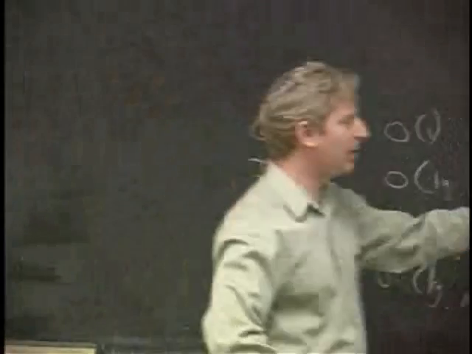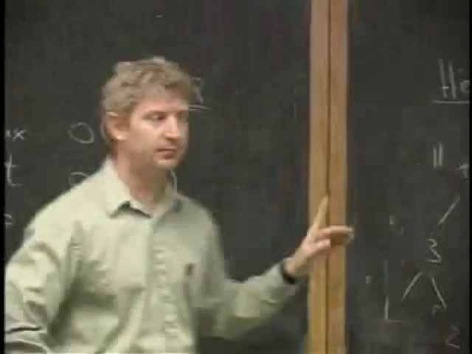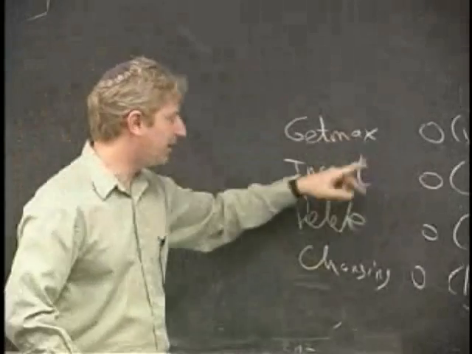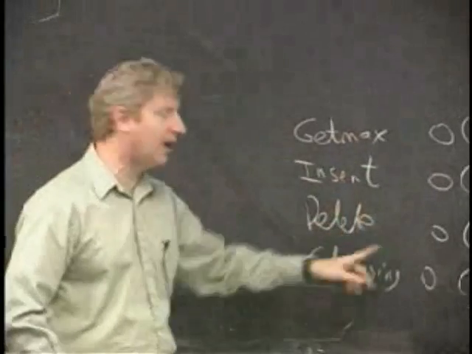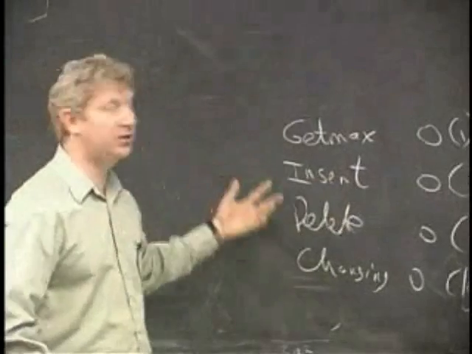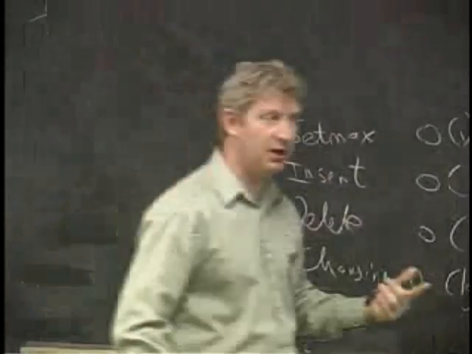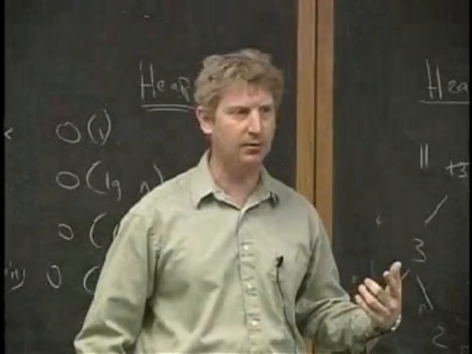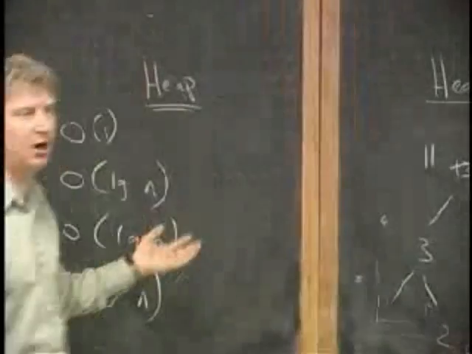So I want to say a couple things about heaps before I talk about heap sort. You've seen how to fix a heap going up and down. You've seen that it takes log n to insert, log n to delete, log n to change. This is a great data structure. It's perfect to use for what you did in your Java course assignment 1. You did a priority queue, right? This is perfect for a priority queue.